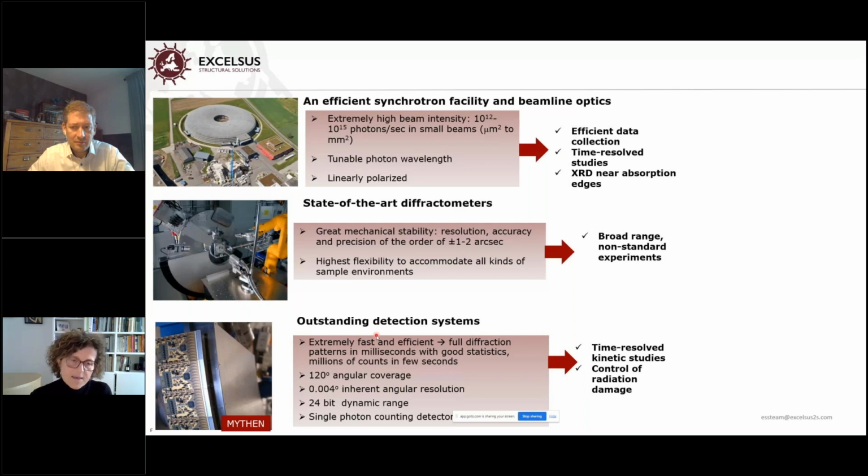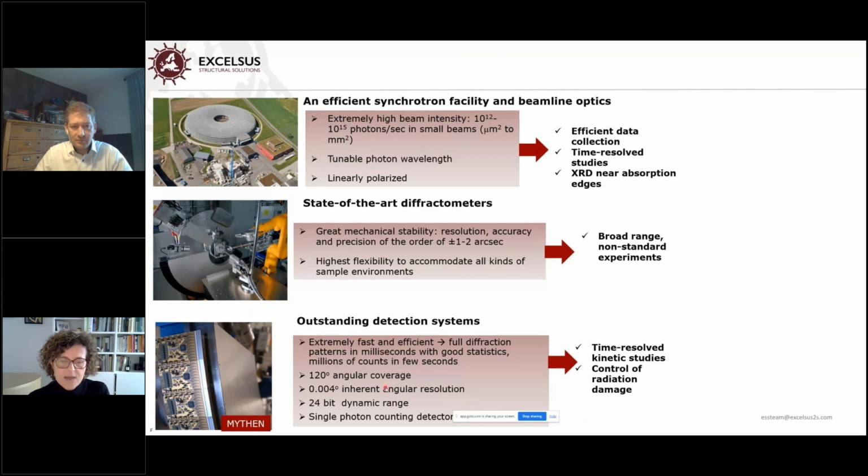The one we use massively is our solid-state silicon microstrip detector. For the data that I will be discussing today, they are extremely fast and efficient, and particularly optimal for the study of pharmaceutical compounds that suffer from radiation damage.